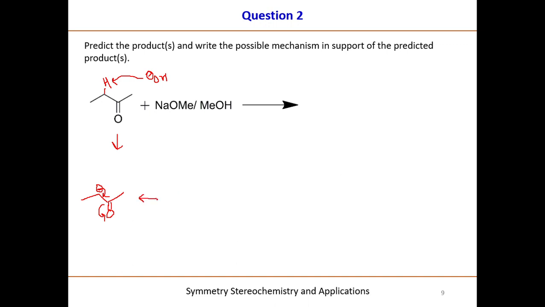I am writing enol here. O minus. O minus. Correct?